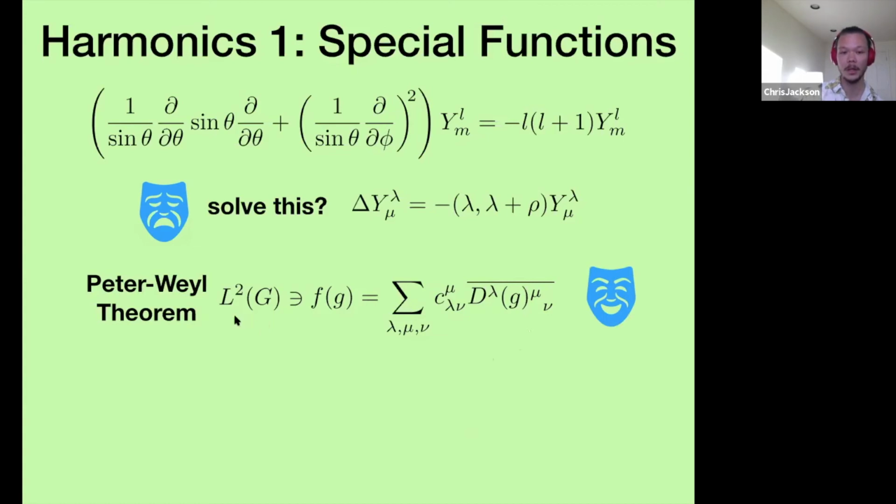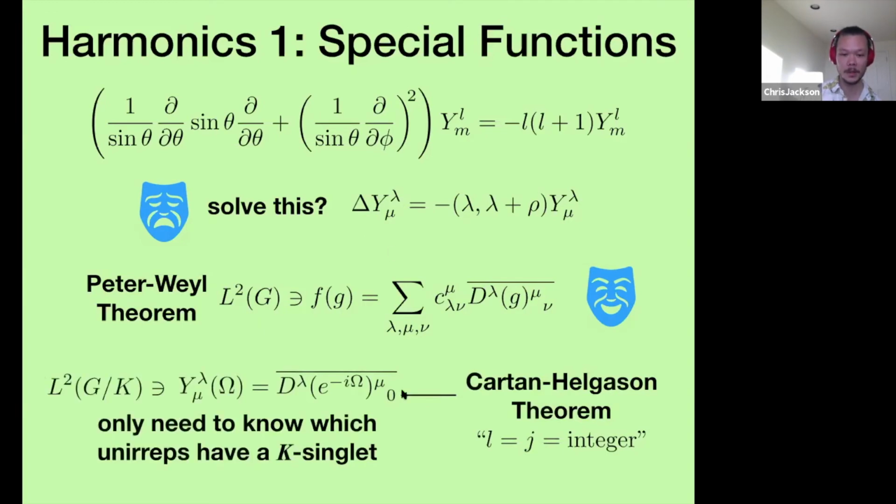And once you have square integrable functions, you have things that interact very nicely with things like Laplacians. And you can get your Y_lm in a different way. Yeah, so there's something you have to supplement the Peter-Weyl theorem with to actually go from these matrix elements to these Y_lm.